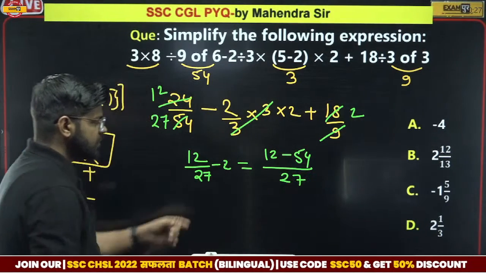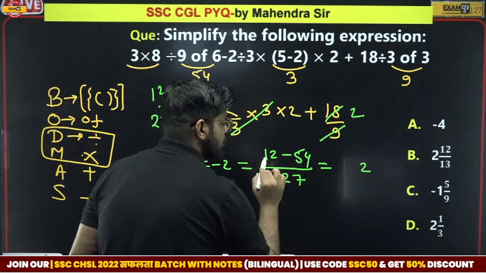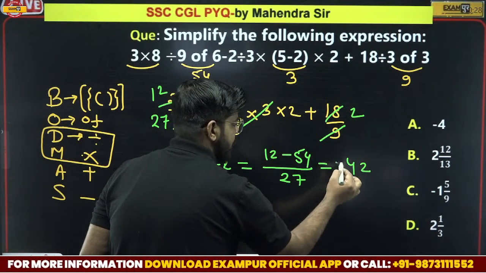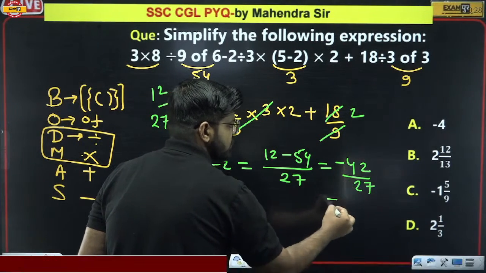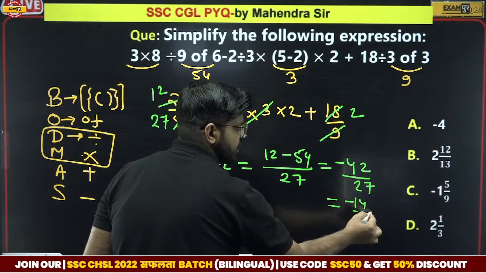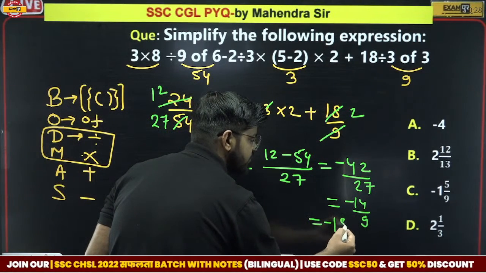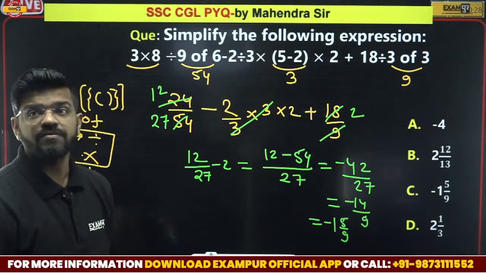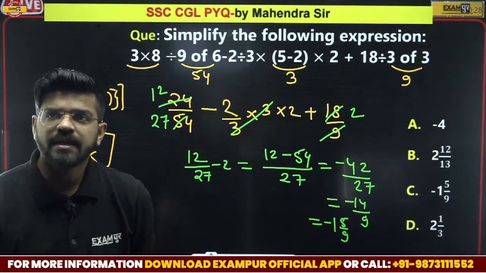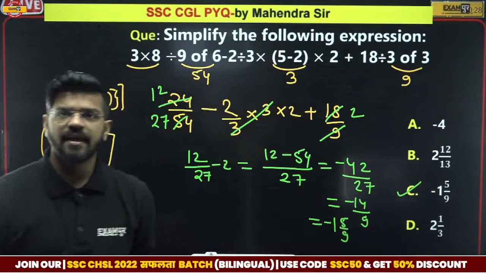So 12 minus 54 will give you minus 42, so minus 42 by 27. Just cancel out 3 times. So minus 14 by 9, which can be written as minus 1 5 by 9. So 14 by 9, absolutely correct. Minus 1 5 by 9 is the right answer.